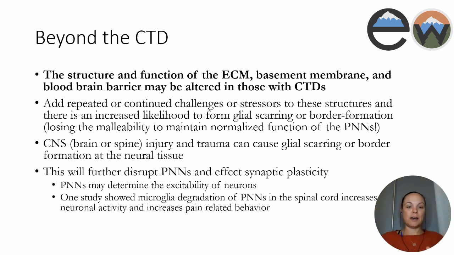It's very versatile. However, if we lose the plasticity and the malleability, it can get stuck in the state of excitability of those neurons, because it determines how excitable that area is, if you're fighting something off or you're not, and things are safe. Very important to understand. There was a study that showed microglia degradation in the perineural network, so the spinal cord, that increases neuronal activity and increases the pain-related behavior.